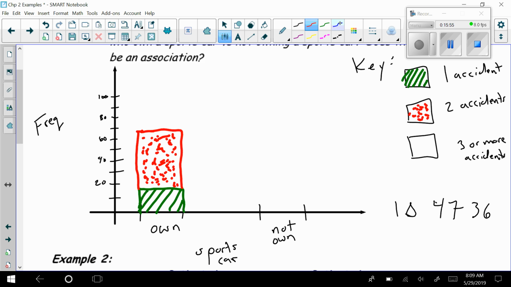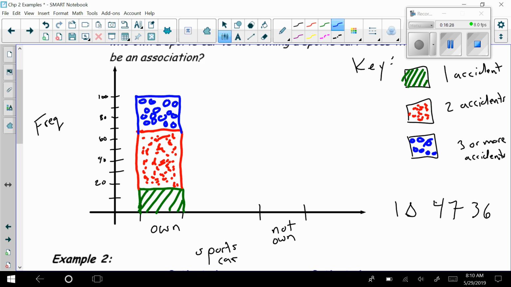But that's not a big deal, because we're smart and we realize it should be right at 100. So we draw this here. Again, you can do whatever you want. Maybe I'll do open circles here. Just make sure that if you don't have different colors, you're distinguishing between the different types. Okay, so there I have that. That's for own. Now would be a great time to pause the video.